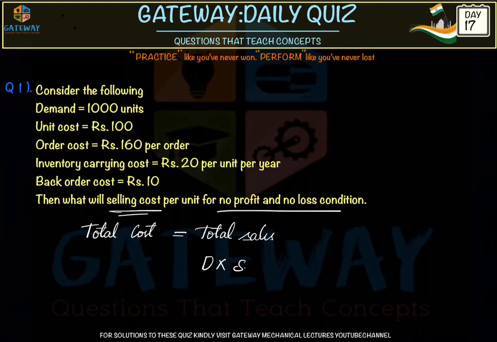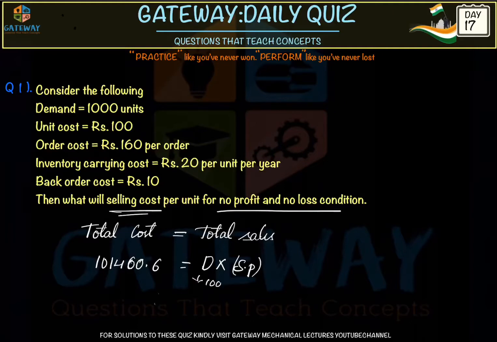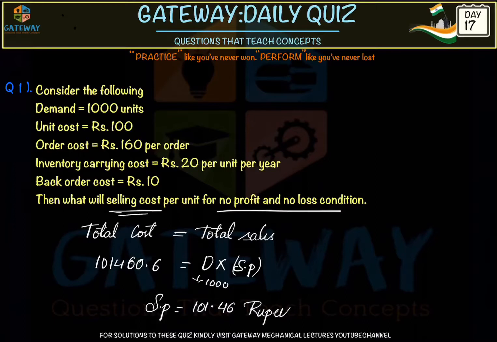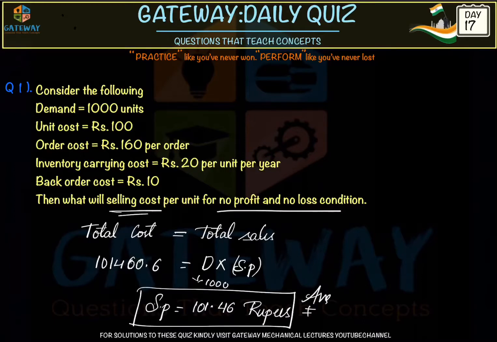So let the selling price be SP, for each unit. 1000 into SP is equal to the total cost we just calculated, 101,460.6. From that we will be getting our selling price, and D is given as 1000. Selling price is equal to 101.46 rupees. This is our selling price and this is our answer.